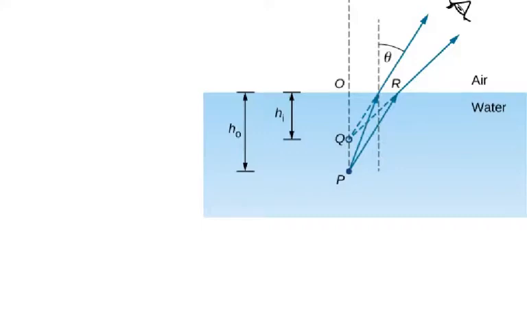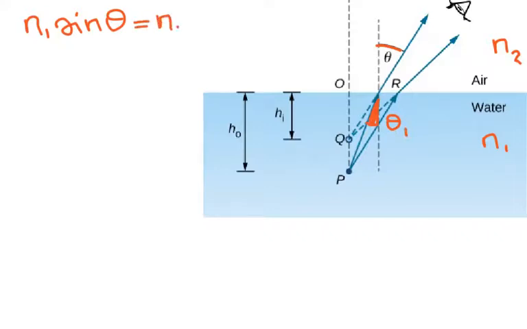So starting with Snell's law, we can write n1, which is our water, n1 sine theta 1, the incident angle, equals n2 sine theta 2, and that is our refracted angle when it comes into the air.